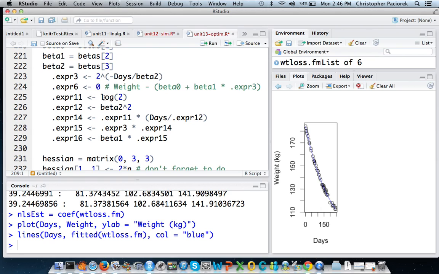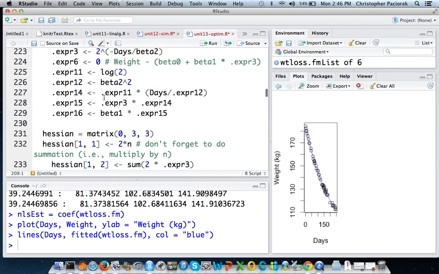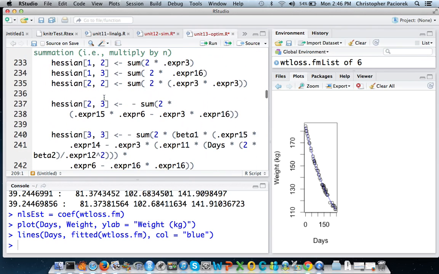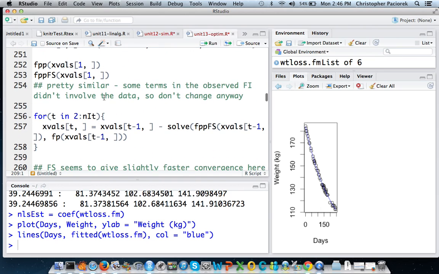Only a few of these, it turns out, are functions of the data, and in all cases you just have linear functions of the data, so the expectation just carries through really easily. So I was able to convert my Hessian to the information matrix-based version really easily, and come up with a new function that would do Fisher scoring instead of Newton-Raphson.